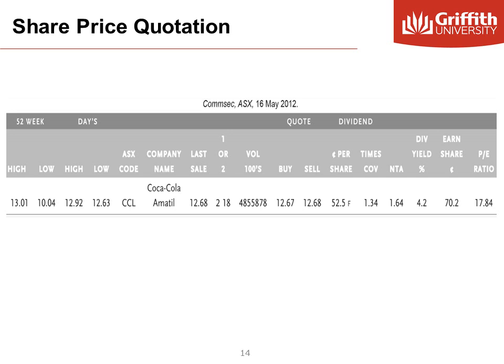Then the code CCL, the ticker, then the company name, and the last sale price of the day of $12.68. Then we have the column which says 1 or 2. 1 stands for positive price variation and 2 stands for negative change in price. What we have here is a 2, meaning that the price dropped by 18 cents from the previous day.